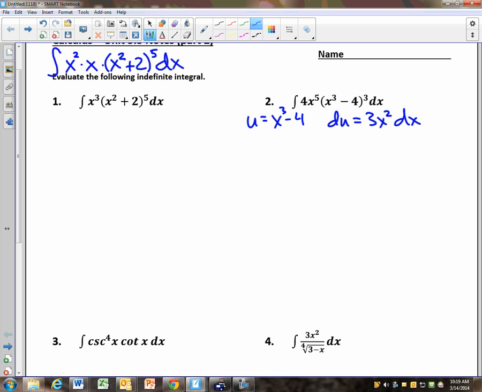I don't have a 3, I have a 4, so let's divide by 3 and multiply by 4. I get 4/3 du is equal to 4x squared dx.